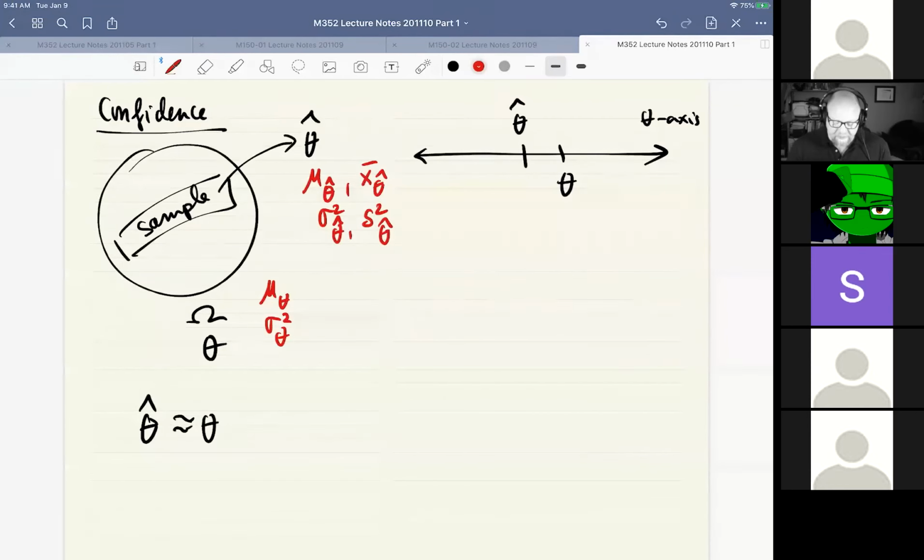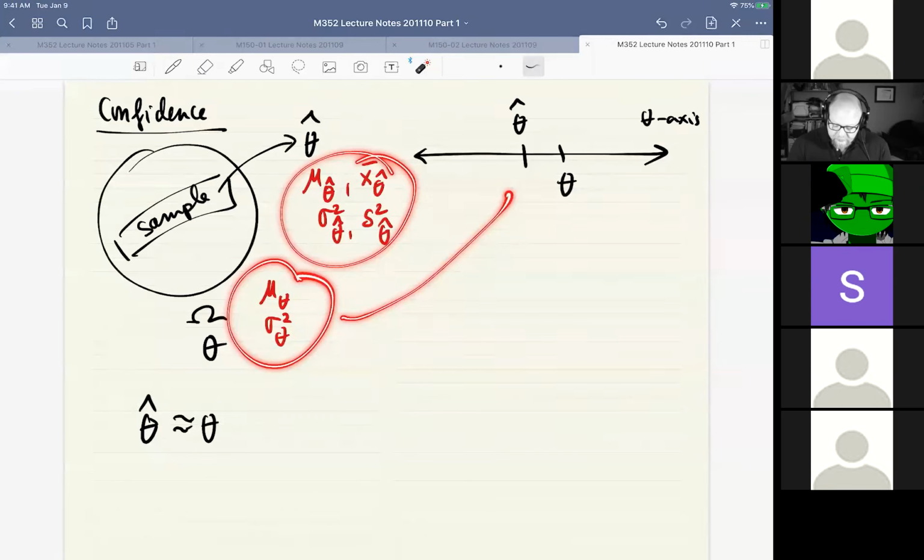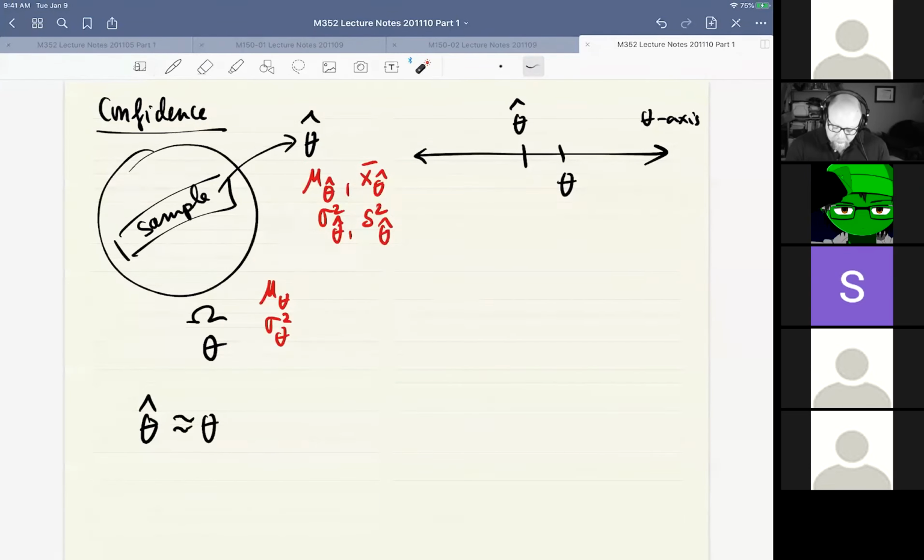There's all kinds of things that could happen. How do these numbers influence what we know about this error?